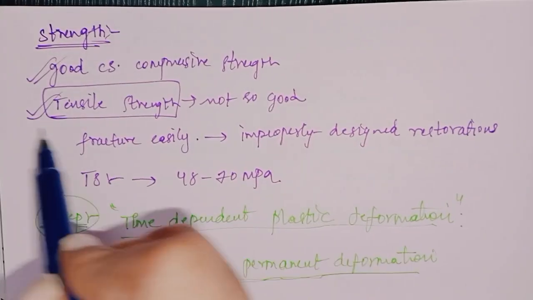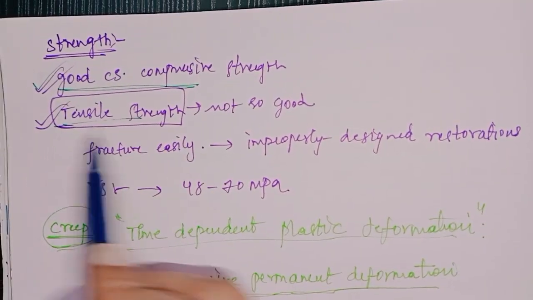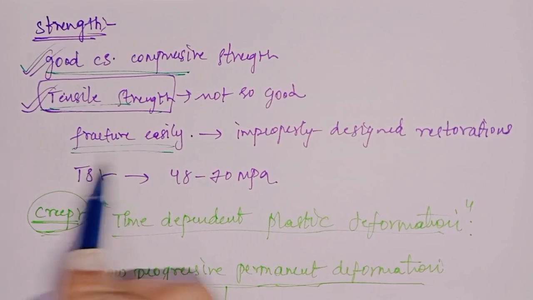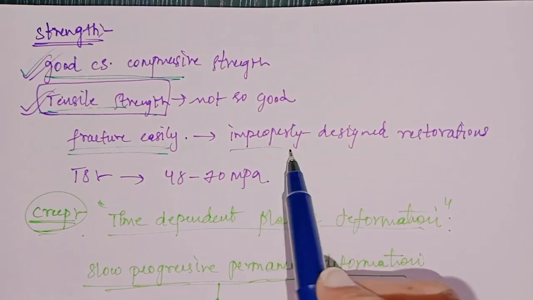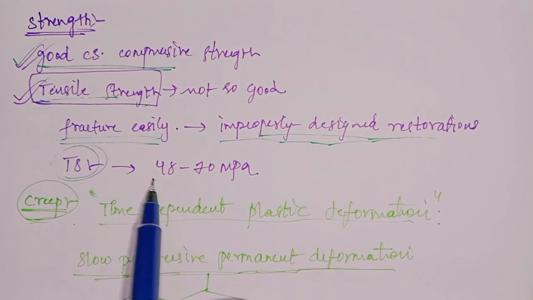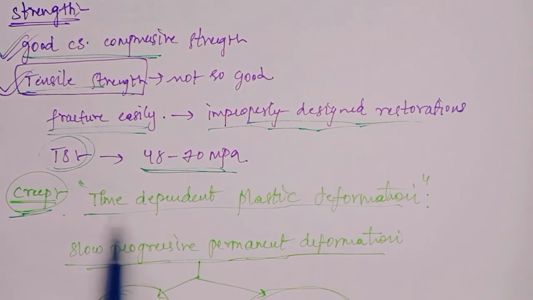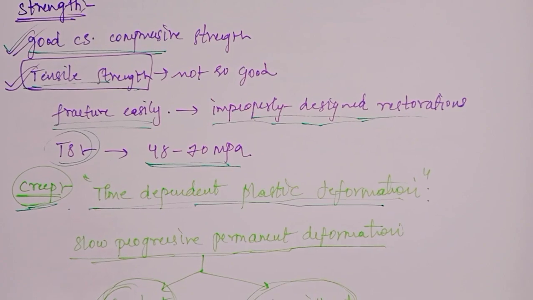Now let's discuss the strength. Dental amalgam has good compressive strength, whereas tensile strength is not so good. It fractures easily if improperly designed. In improperly designed restorations, the tensile strength value is 48 to 70 megapascals. Creep is the time dependent plastic deformation.